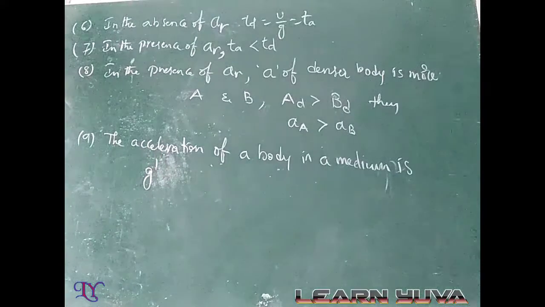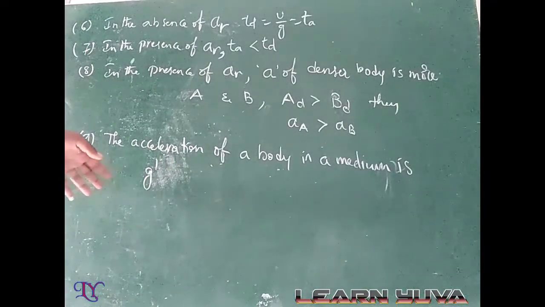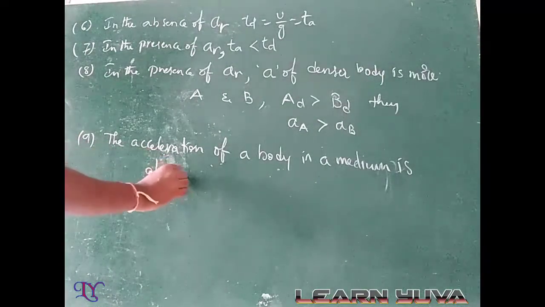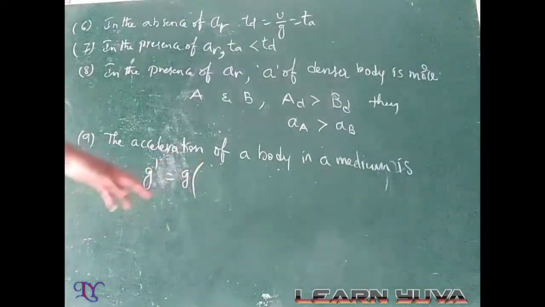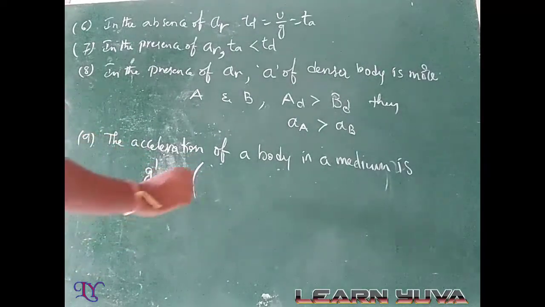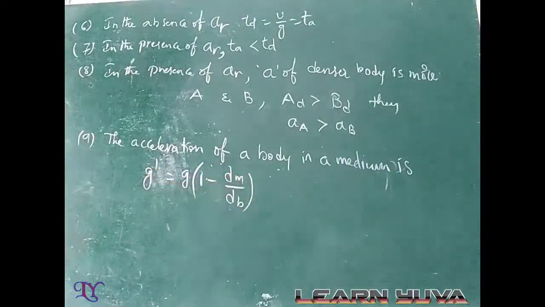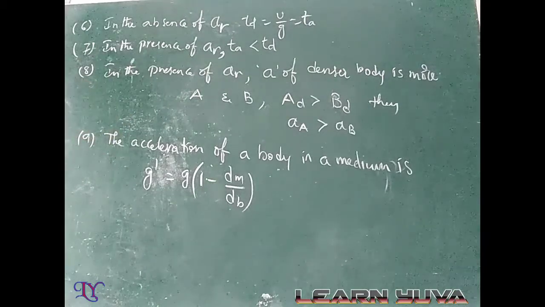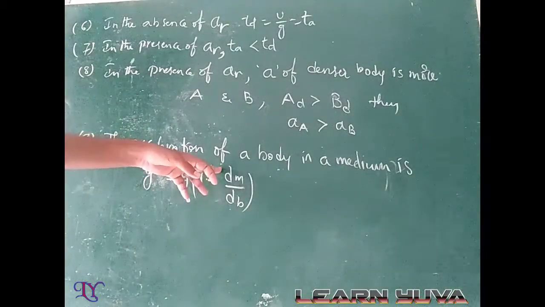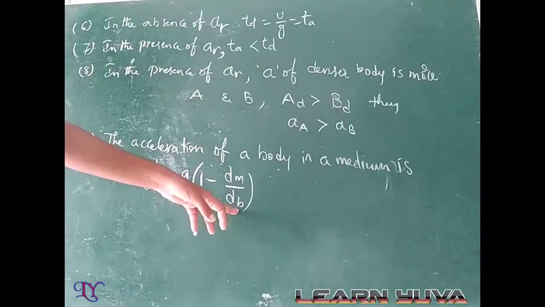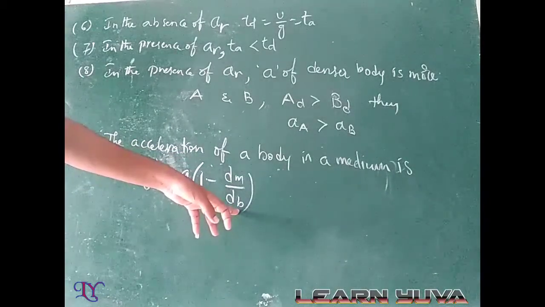That means the acceleration in a medium is equal to g of 1 minus density of medium by density of body. In this way, we can calculate the acceleration of a body in a particular medium. Here dm is nothing but the density of the given medium, and db is nothing but the density of the body, right?